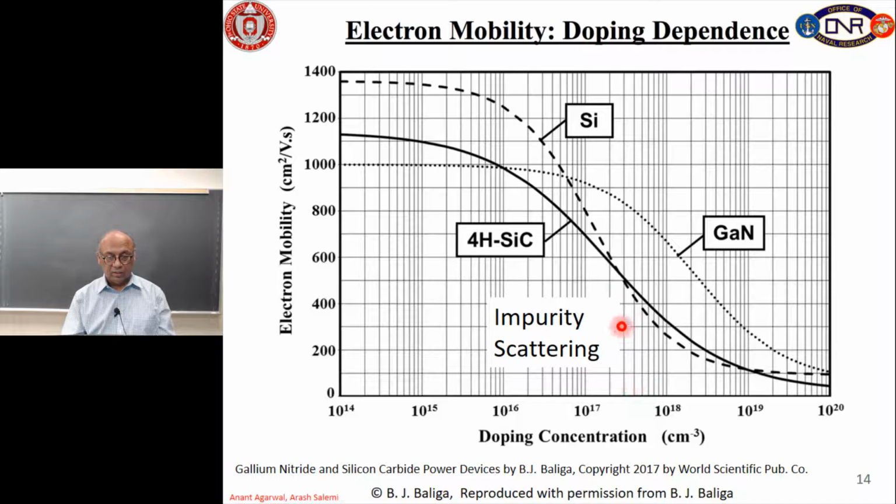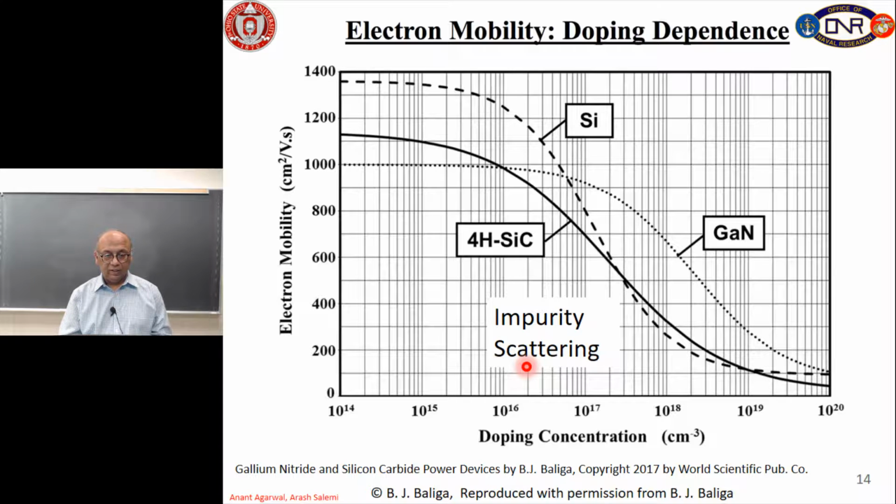So, this is the electron mobility plotted as a function of doping concentration, and remember that as we increase the doping concentration, the mobility reduces because of the impurity scattering.